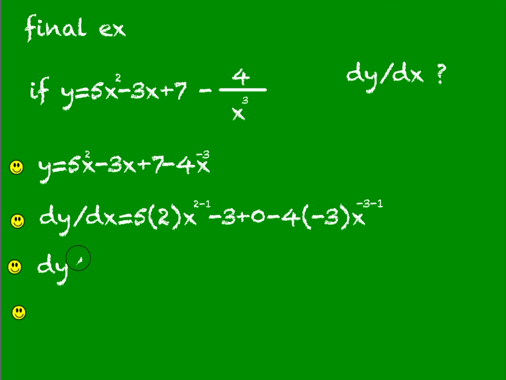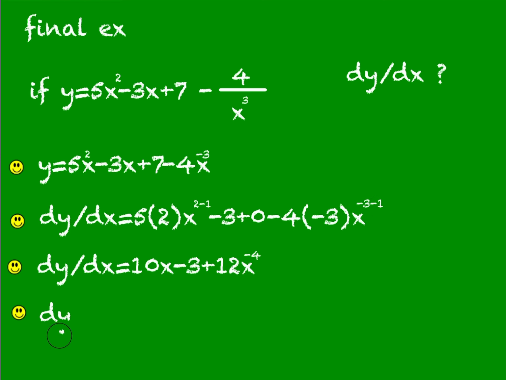Then organize: dy over dx, 5 times 2, 10. It is x to the power of 1, we don't need to write 1. And negative 3, the 7 will disappear. Negative 4 times negative 3 is going to be 12, x to the power of negative 4.